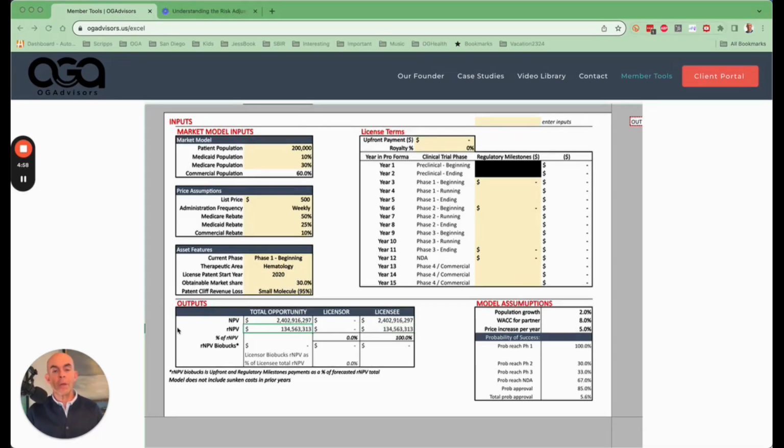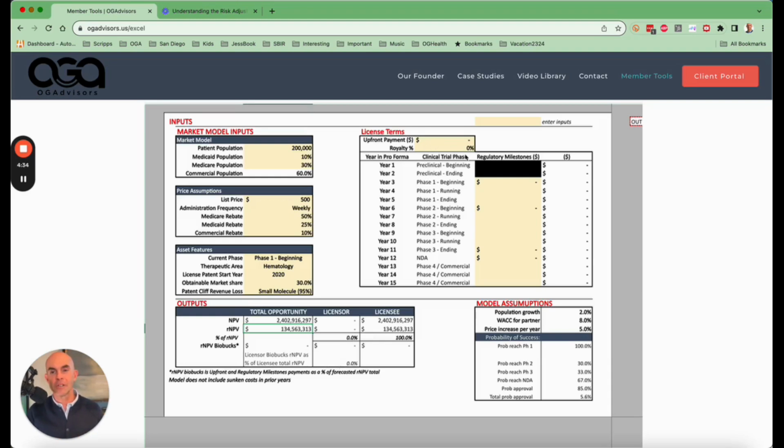So now we have the entire value of the asset calculated, but what does it mean for me as the licensor that wants to license this out to an established pharmaceutical company to continue development? Right now, all of the value lies in the asset, but none to me.